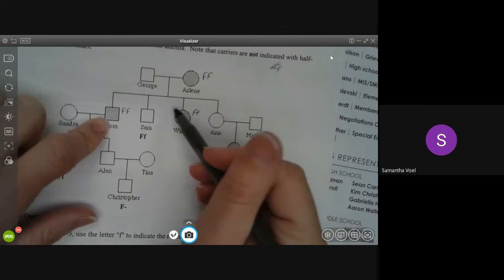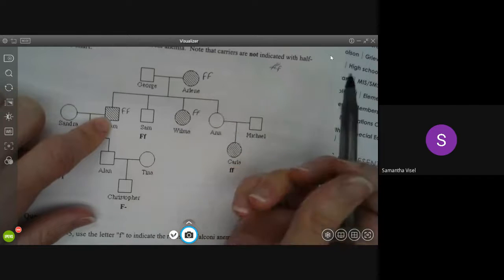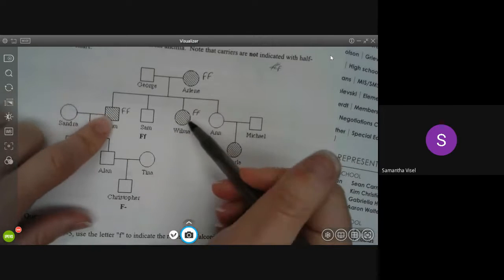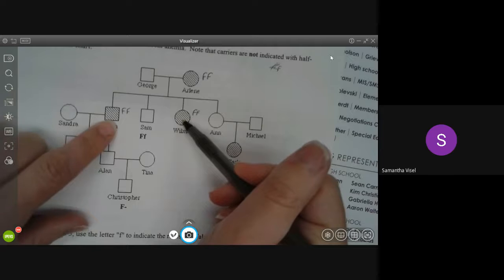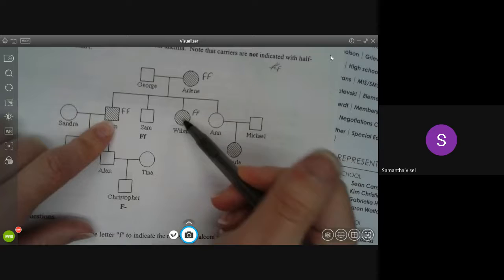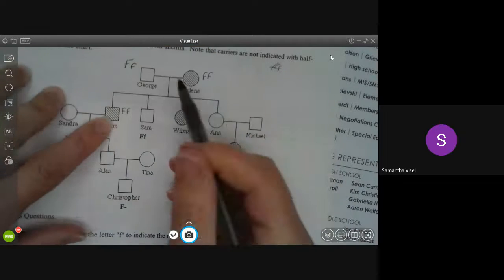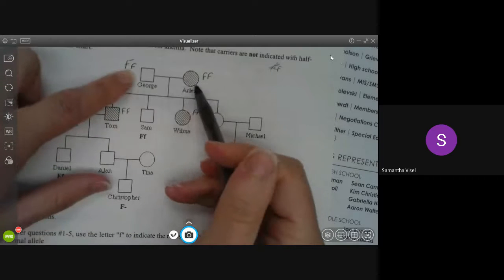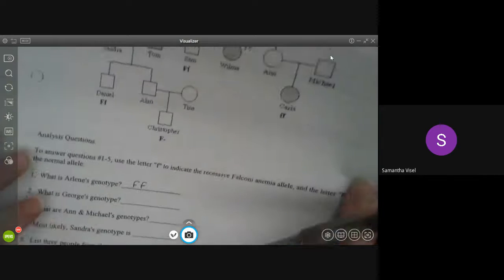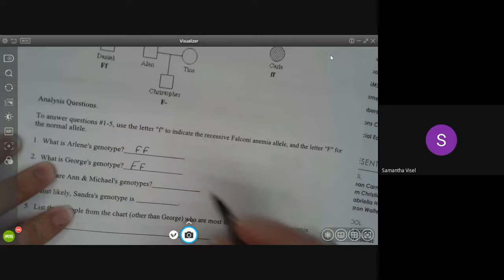Those children would not have a recessive genotype, so they would not show the disease. Since he has 2 children with this disease, he cannot be big F, big F. He would have to be big F, little f so that he could offer a recessive allele to 2 of his children. So George's genotype must be heterozygous, big F, little f.